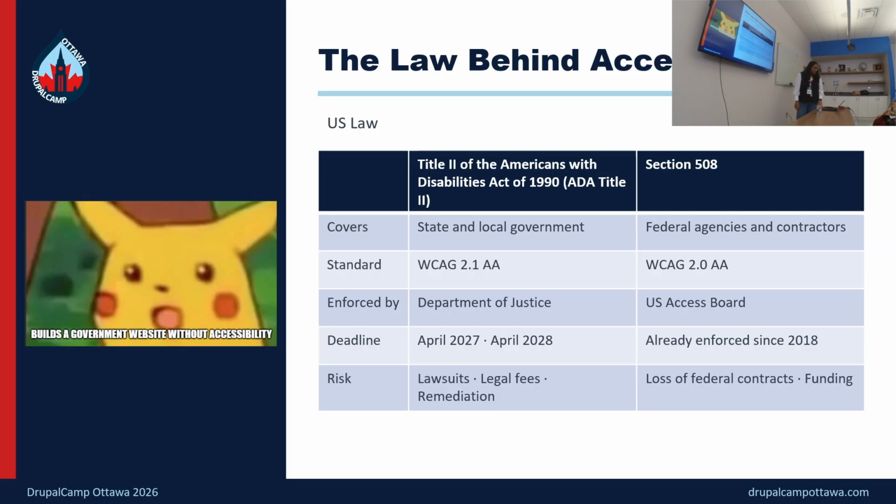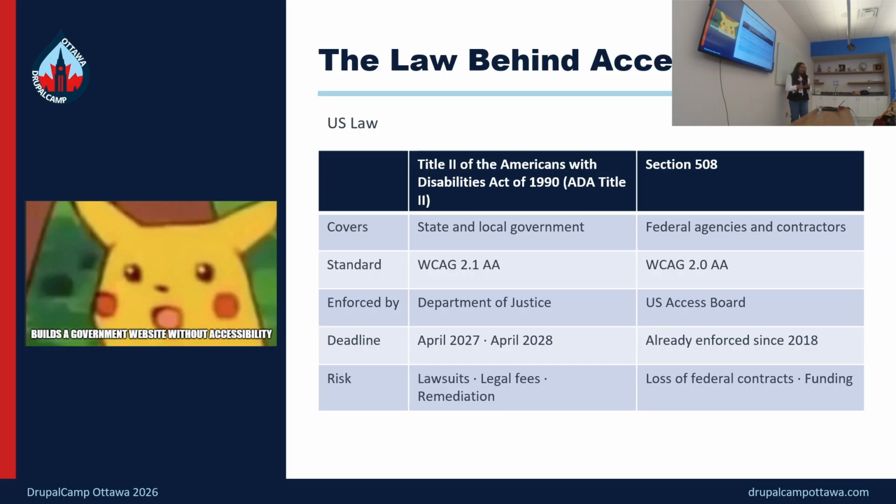Now let's move on to the US law. The first law is DOJ Title II, which is currently a hot topic. It covers state and local government. The standard is WCAG 2.1 AA, enforced by the DOJ, the Department of Justice.